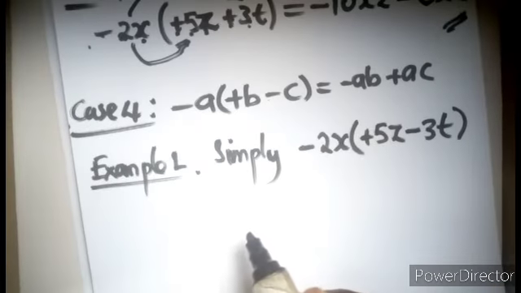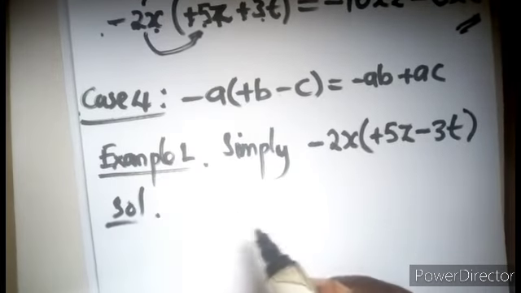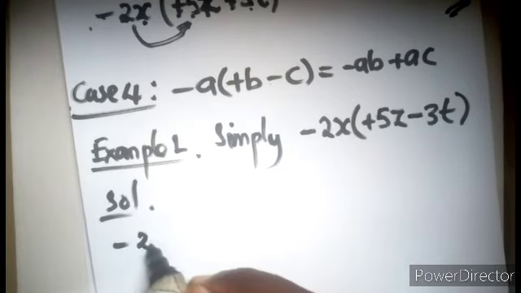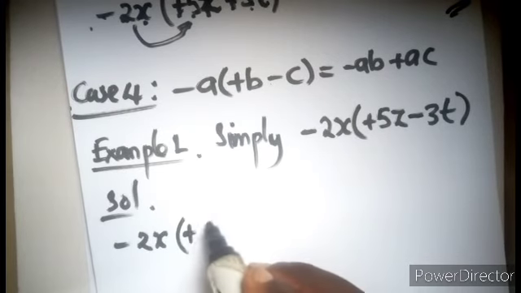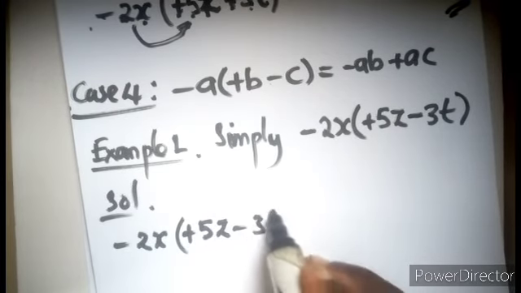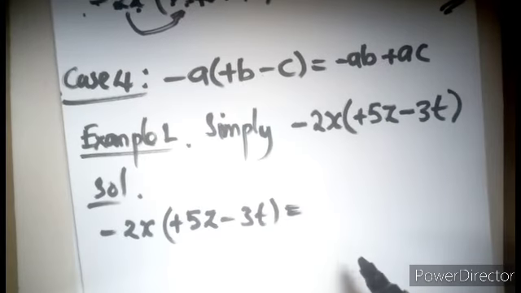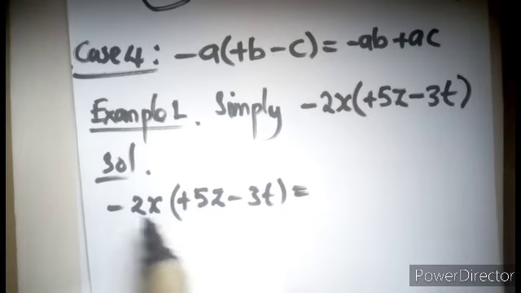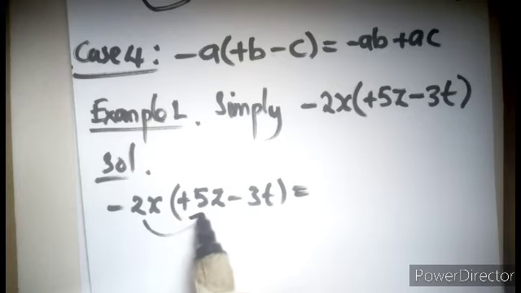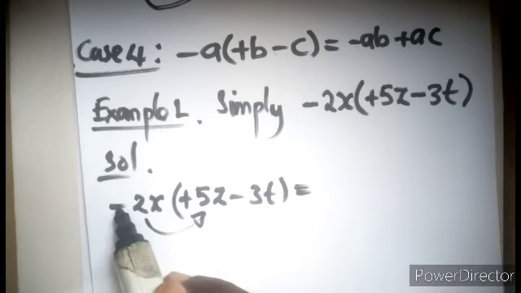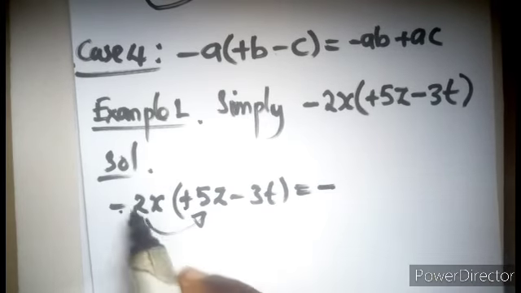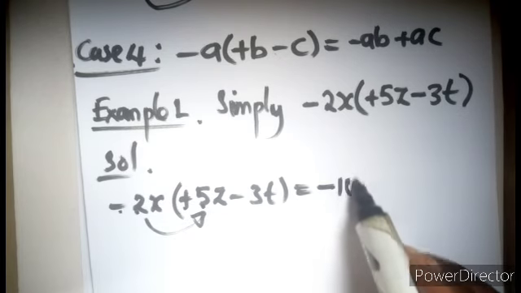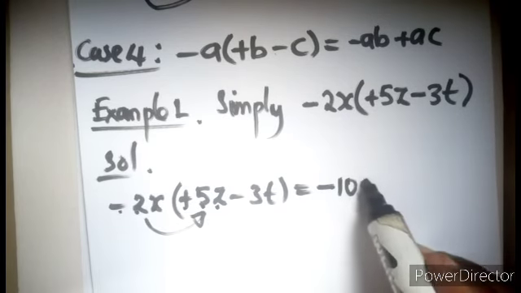Good. Now, for the solution to this particular problem, we see that negative 2x into positive 5z minus 3t is going to be equals to what? We use negative 2x and multiply with positive 5z. Negative times positive is negative. 2 times 5 is 10. X times z is xz.